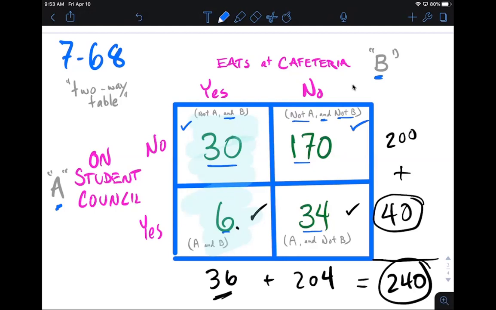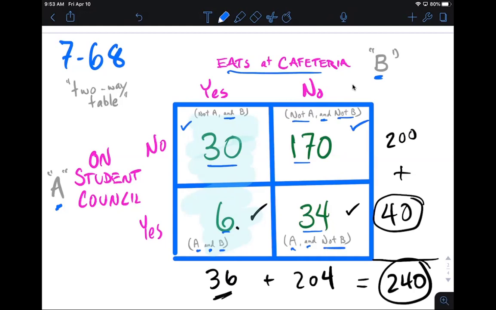This is in the lower left box, A and B. All right, these are not probabilities. Once again, these are just raw numbers, but they are the combination of the two events happening at the same time, or the negation of those, like A and not B is a negation of B. So that's what these numbers are.